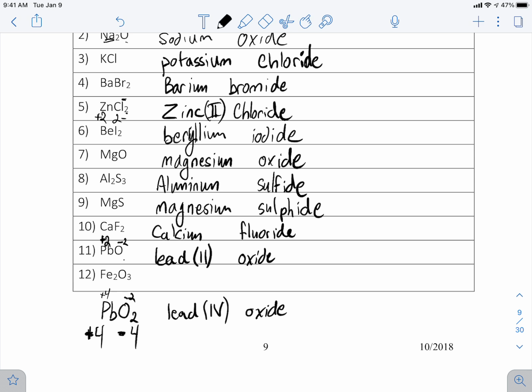So just a quick reminder on your Roman numerals. This is 1.